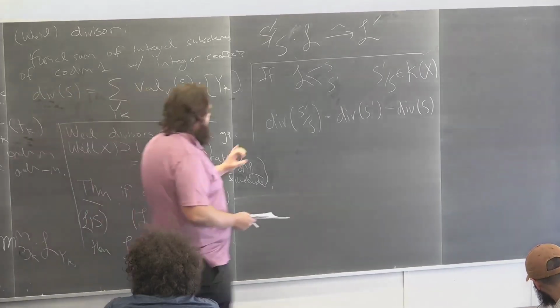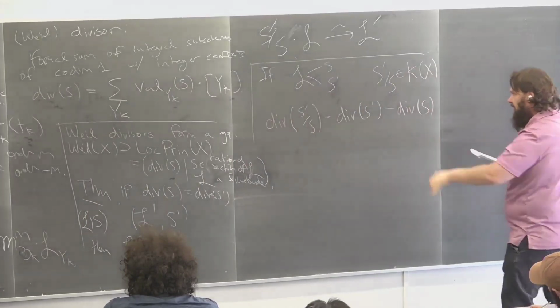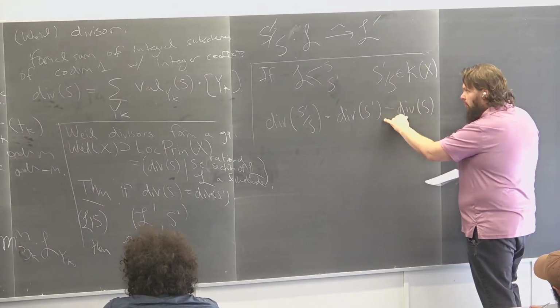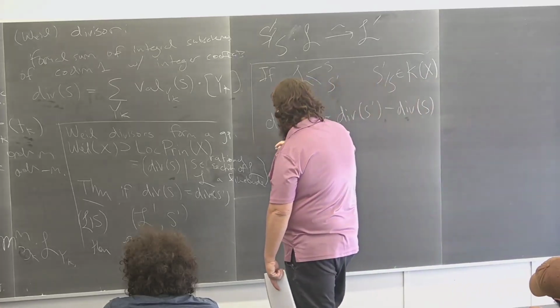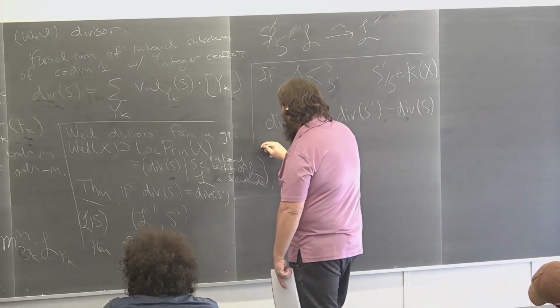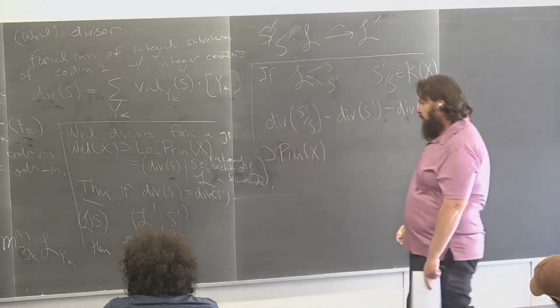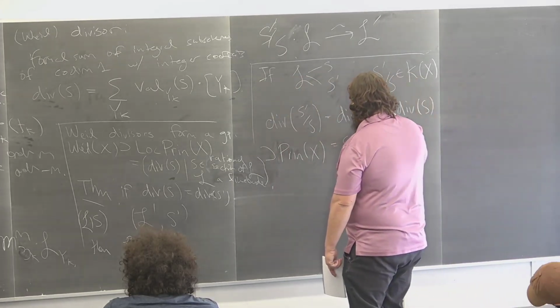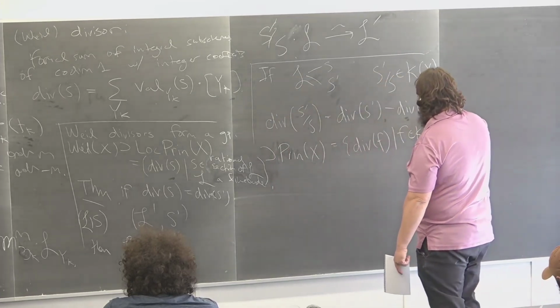So locally, I can still think about these guys as functions. And I just use the fact that when I have two functions and I take the ratio between them, the order of vanishing or the order of pole, I just take the difference. So I can also define in here a subgroup of principal divisors. These are the things of the form div of f for f a rational function.